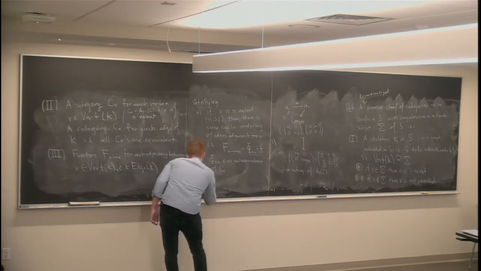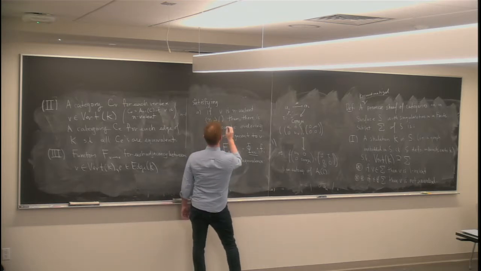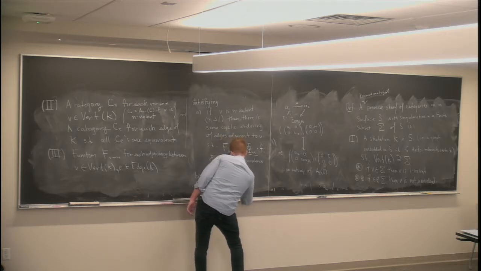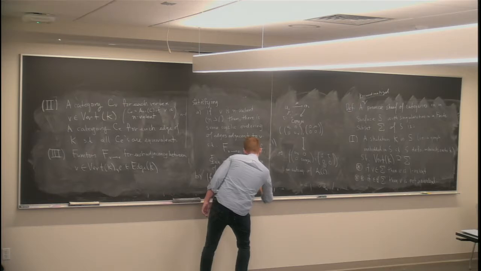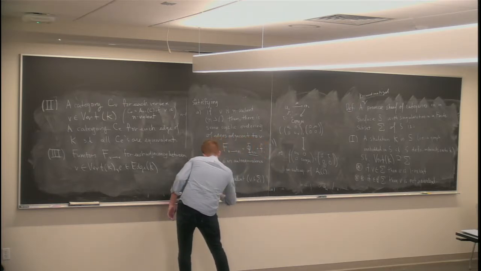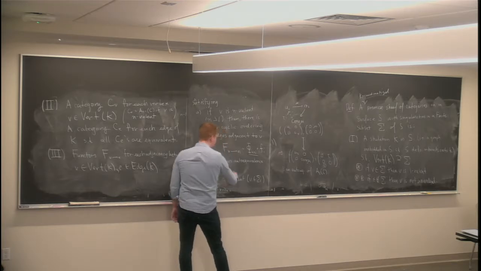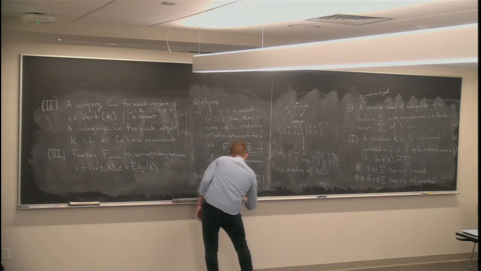And then if B is univalent, that is, B is in sigma, then it's only adjacent to one edge because it's univalent, and the functor is spherical.